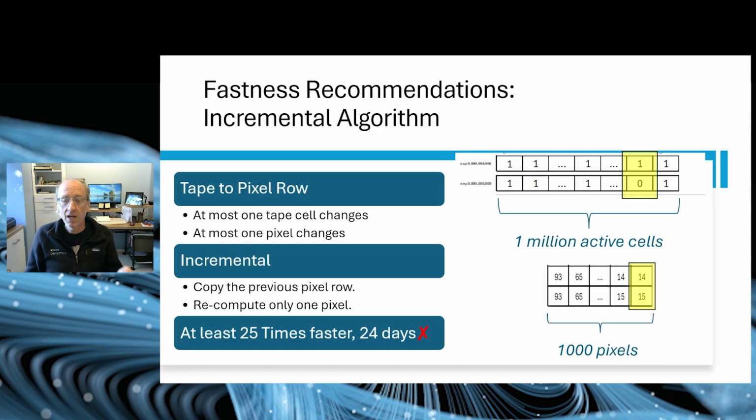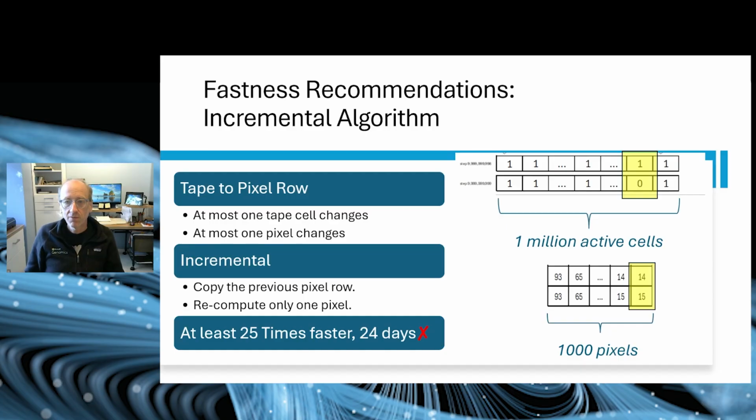And that's based on the observation that from one step to the other, the Turing tape can only change in at most 1 cell. A 0 can turn into a 1, or a 1 can turn into a 0. And because the tape can only change in one place, when we shrink that down to rows of pixels, only at most 1 pixel can change.